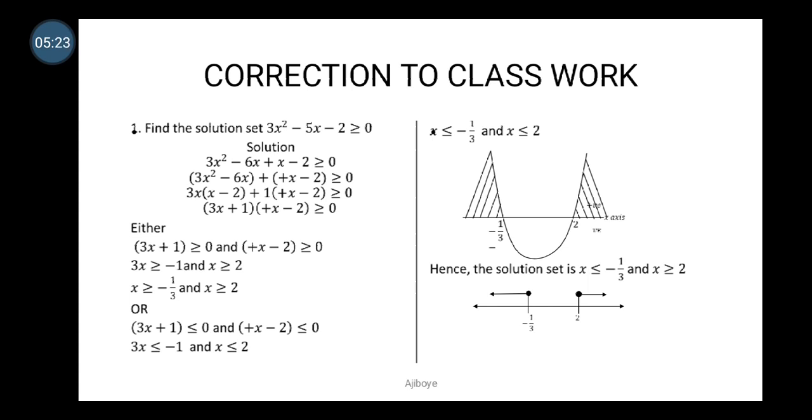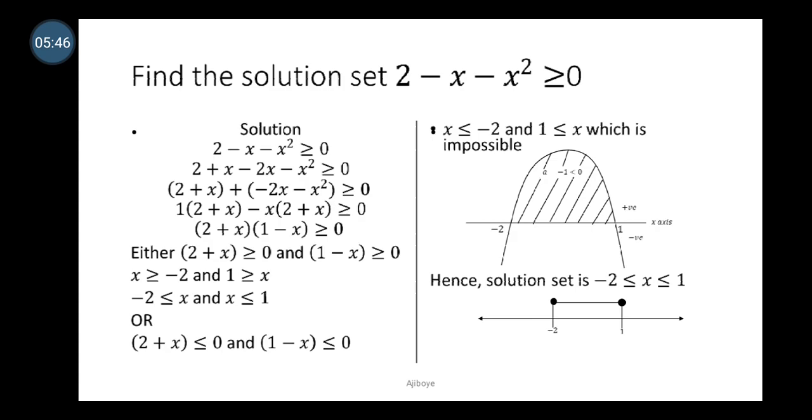Hence, the solution set is x before minus 1 over 3, which is x less than or equal to minus 1 over 3, and x after 2, that is x greater than or equal to 2. And if we display that on a number line, we have that display right there.